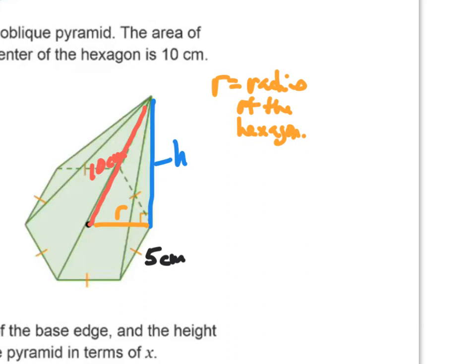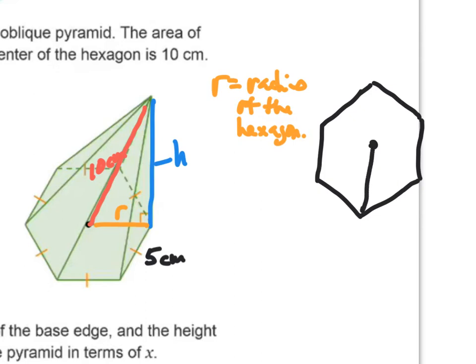Let's think about this for a second. If I have a regular hexagon, then here's my center, and I'm just going to draw these three triangles here. What I know is that this is 180 degrees.